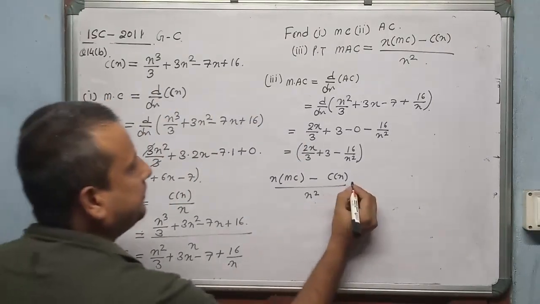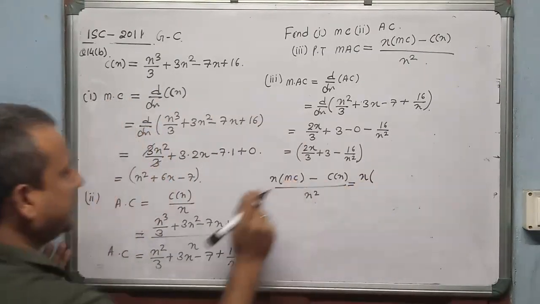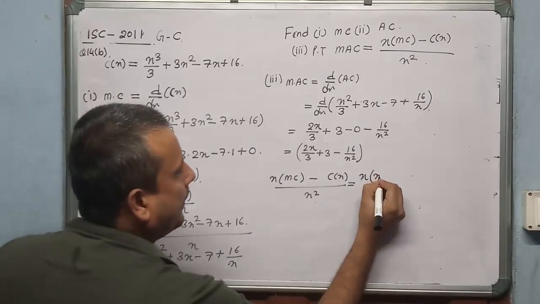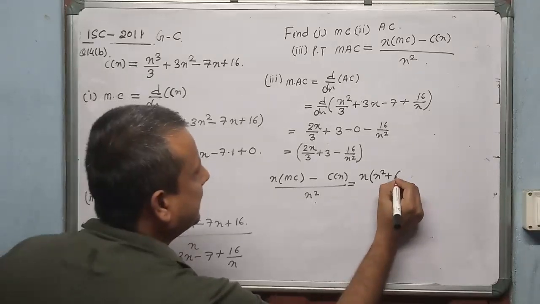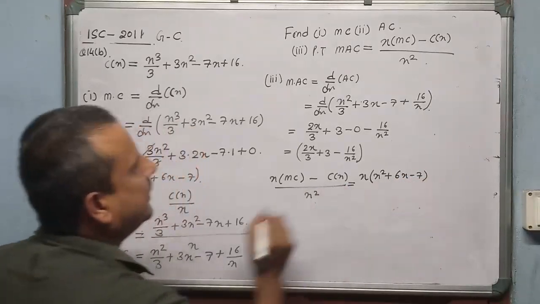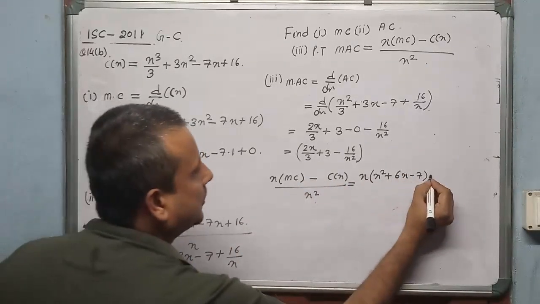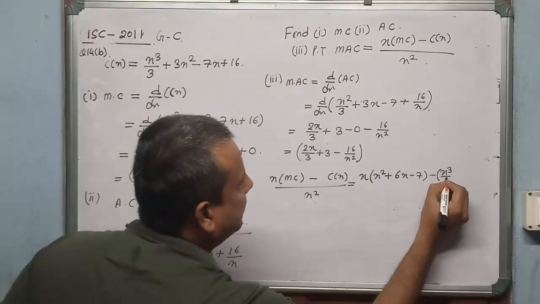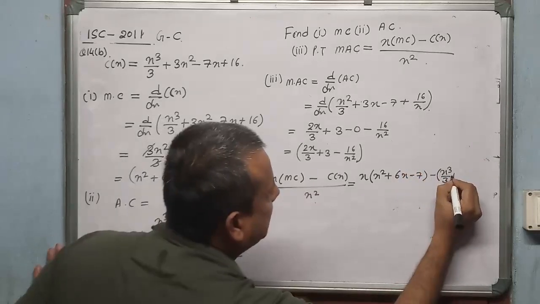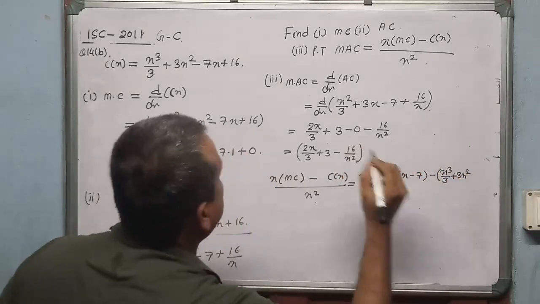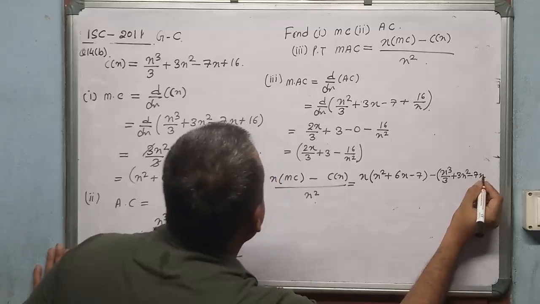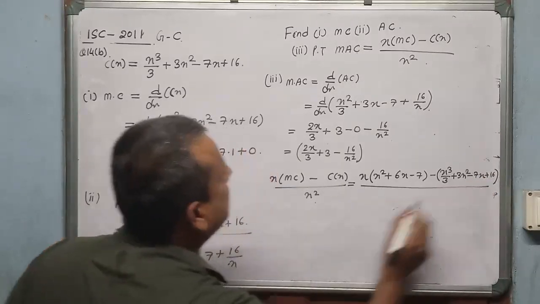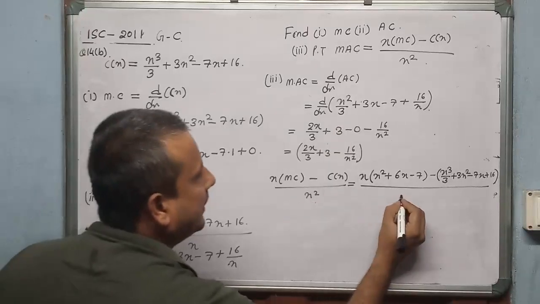Then x into the marginal cost. The marginal cost is over here, x square plus 6x minus 7. Then minus the cost. The cost function is x cubed by 3 plus 3x square minus 7x plus 16, and the whole thing is divided by x square.